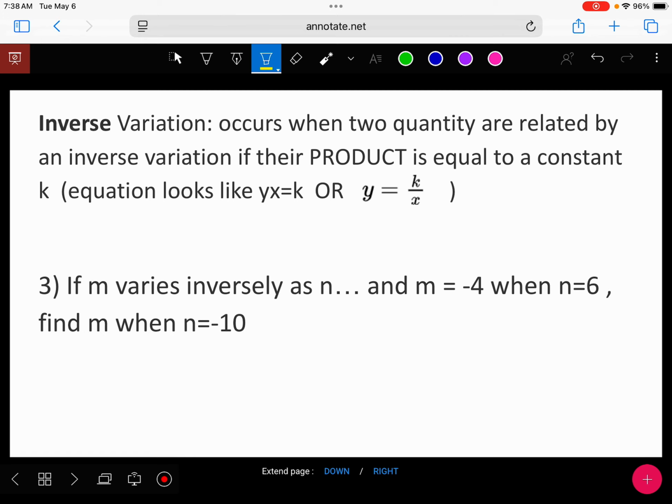We can either have it as y times x equals k, so the product of the two equals a number, or, and this is why it's over here in rationals, if I then tried to make that be y equals, our x is in the denominator. That's why we're in the rationals chapter, because now I have an x in the denominator, and that's icky.